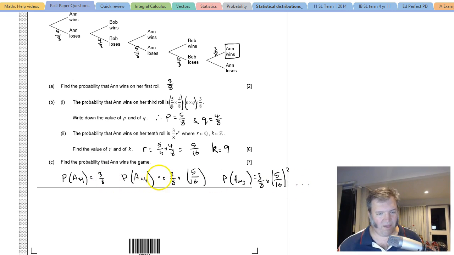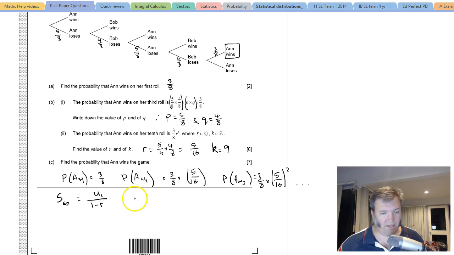It looks like we have a geometric sequence there for all of Anne's victories. So if I added up the probability she won on the first one, plus the probability of the second one, plus the probability of the third one, I'm now adding the terms of a geometric series going on forever. So the sum to infinity of a geometric series is u1 over 1 take r.